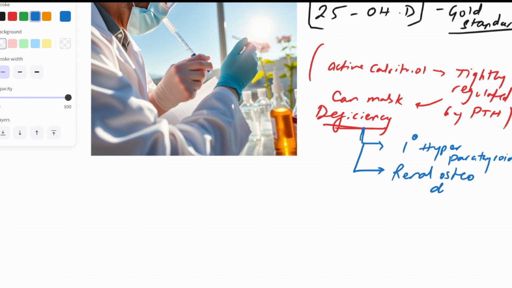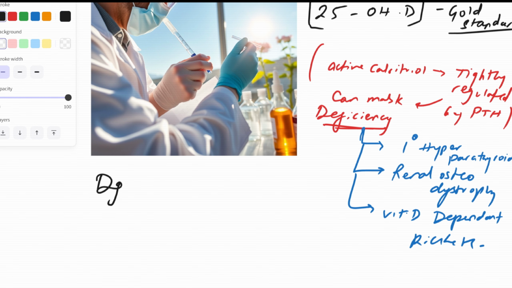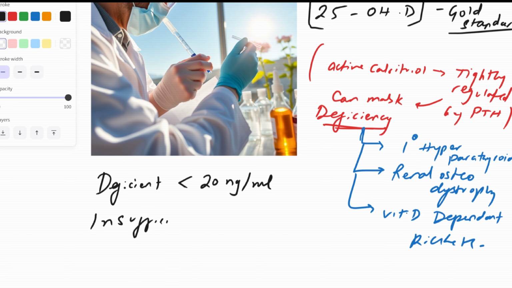Now the reference ranges, these are rough reference ranges. They may vary depending on the lab or the population. Okay, so the deficient level is less than 20 nanograms per ml, and this requires treatment. Then there's the insufficient range, which is 20 to 29 nanograms per ml.